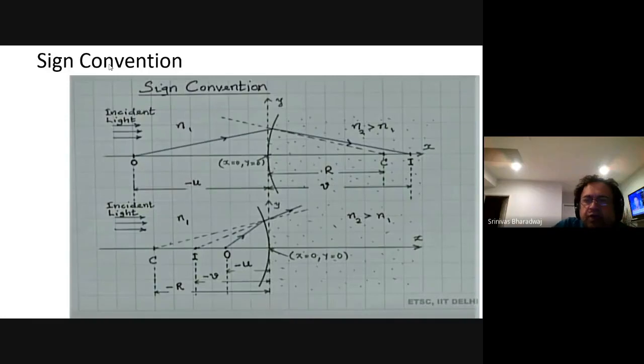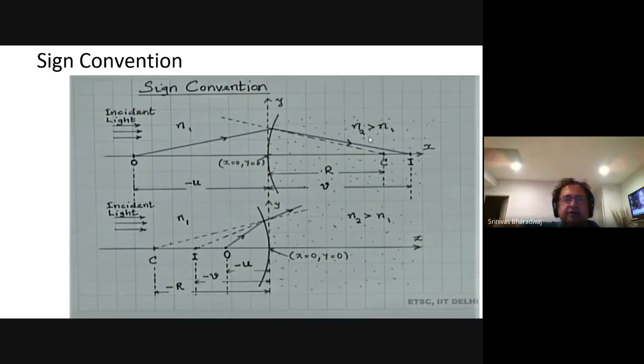Now if you had incident light going from a medium whose refractive index is n1 to a medium whose refractive index n2 is greater than n1, then you will again have sin i by sin r, and therefore you have to draw the normal.